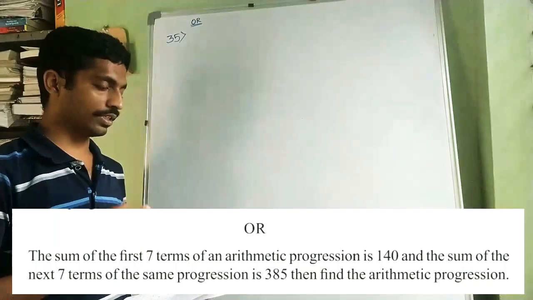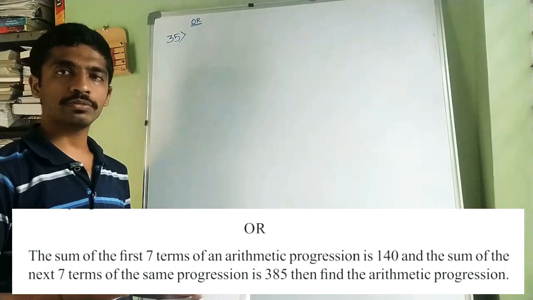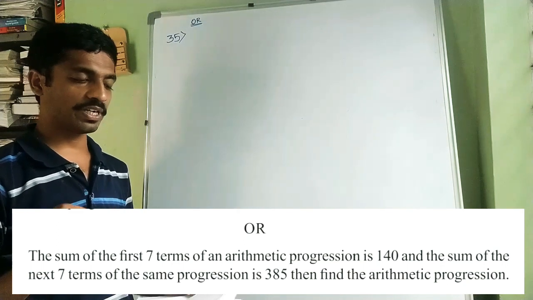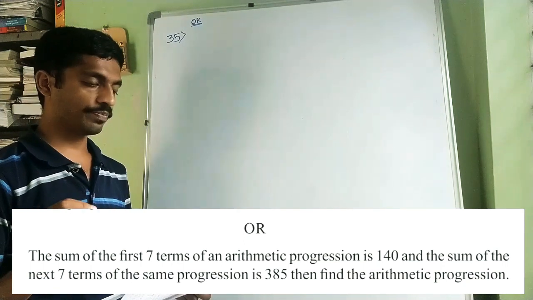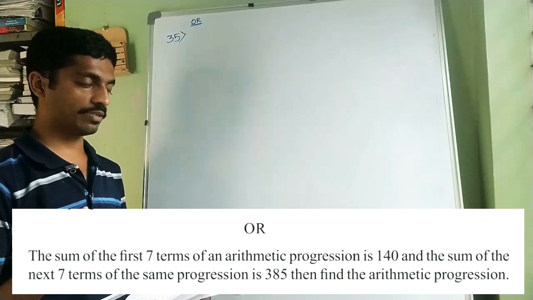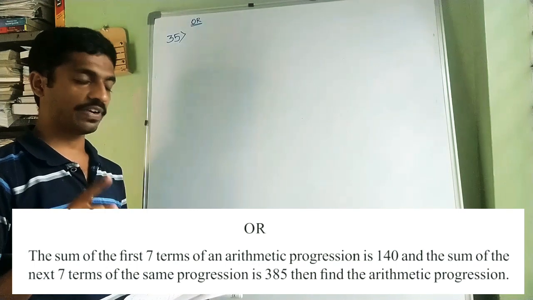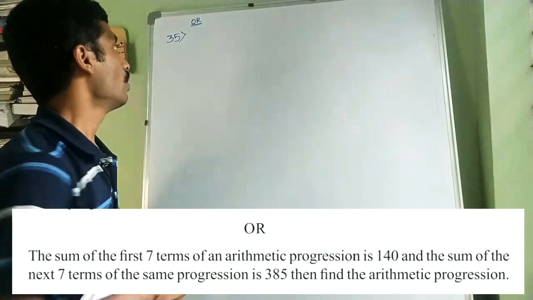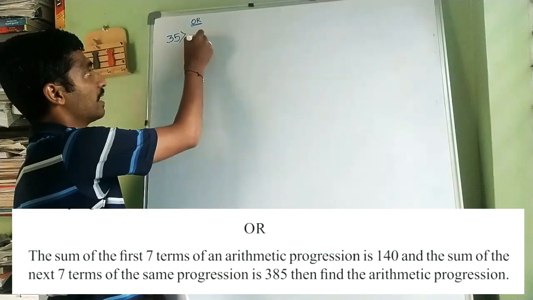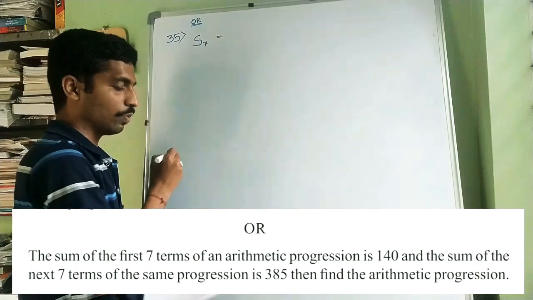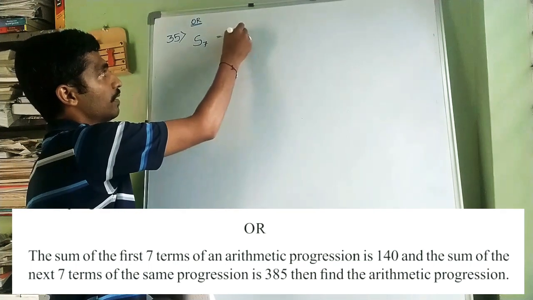So in 35th question, another one choice question is there. Okay, the sum of 7 terms of an AP is 140 and the sum of the next 7 terms of the same progression is 385. Then find the arithmetic progression. Okay, so sum of first 7 terms, so that is S7 equal to how much? 140, they given.